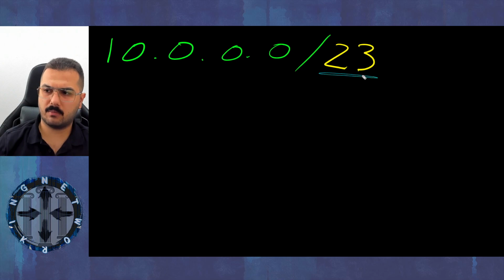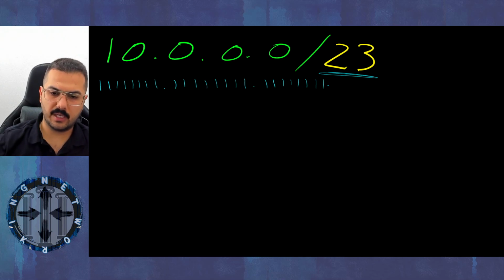All right, subnet mask: 1, 2, 3, 4, 5, 6, 7, 8, 9, 10, 11, 12, 13, 14, 15, 16, 17, 18, 19, 20, 21, 22, 23, 24, 25, 26, 27, 28, 29, 30, 31, 32.